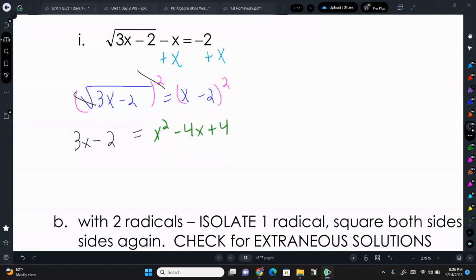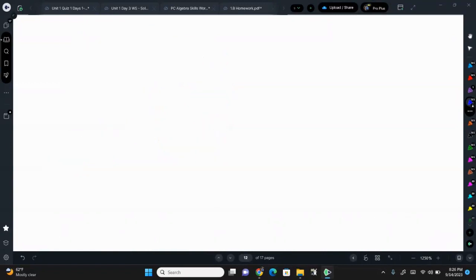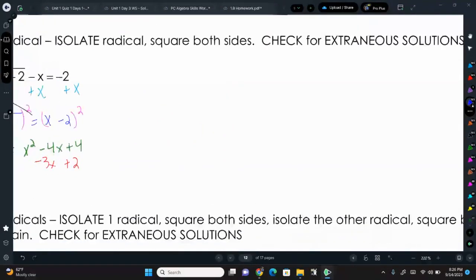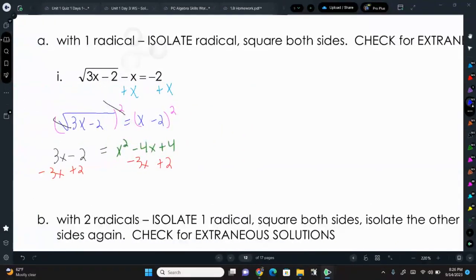It's a quadratic because we have x squared, so we're going to get everything on the side with the x squared. Minus 3x from both sides and plus 2. And that will leave us with 0 equals x squared minus 7x plus 6.